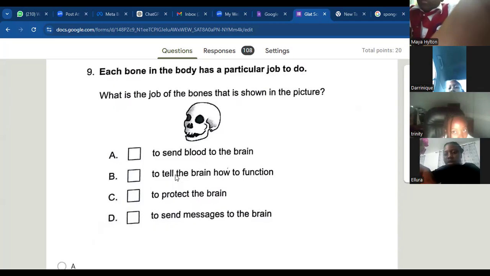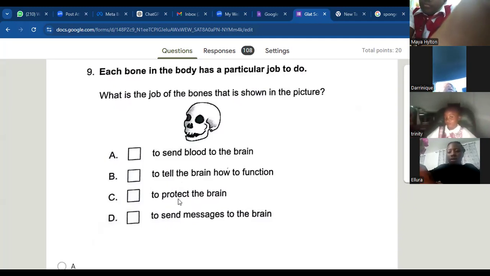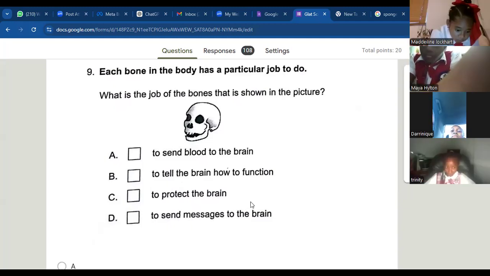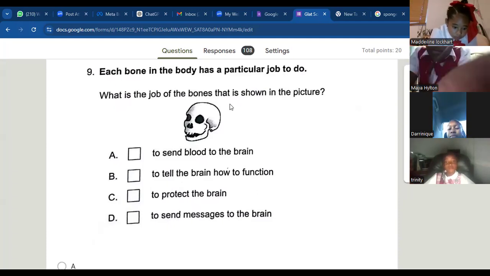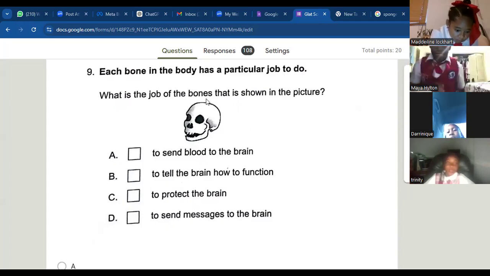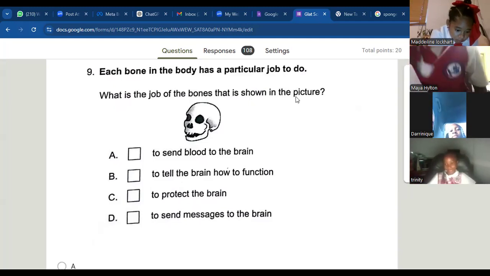B. To tell organs how to function. C. To protect the brain. D. To send messages to the brain. Very good. Put your answers inside the chat for me, please. What is the job of the bone that is shown in the picture?